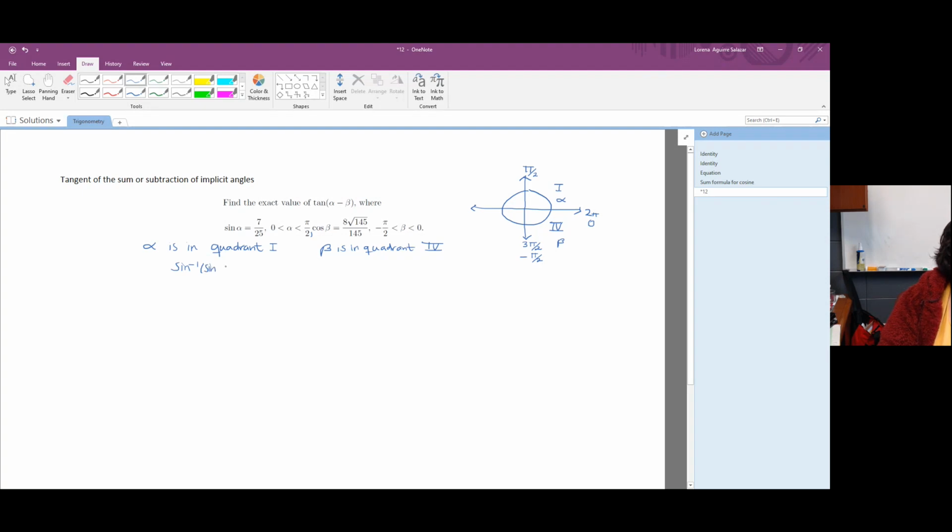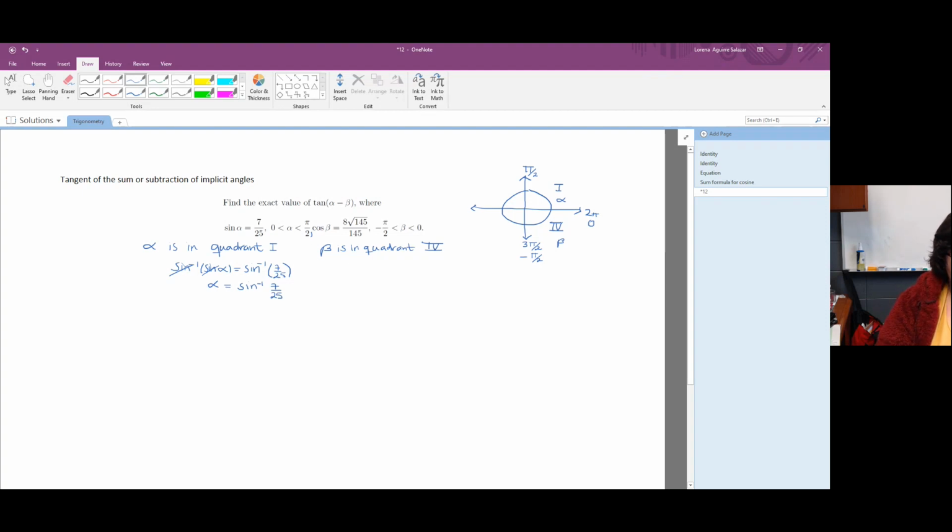So here is sine alpha equals 7 over 25. The inverse sine of sine alpha is the inverse sine of 7 over 25. And because alpha is between 0 and pi over 2, we can say that alpha is the inverse sine of 7 over 25.